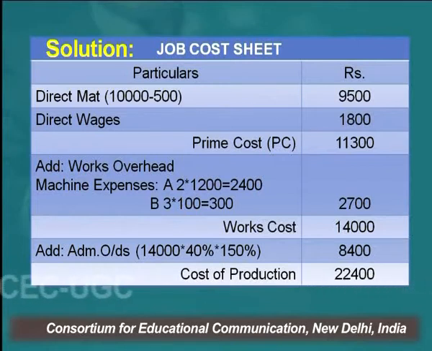So I will simply say 14,000 rupees is the works cost multiplied by 40% multiplied by 150%. Since it is a 50% increase, I may say 150 by 100. So 14,000 into 40 by 100 into 150 by 100. That comes to be 8,400.